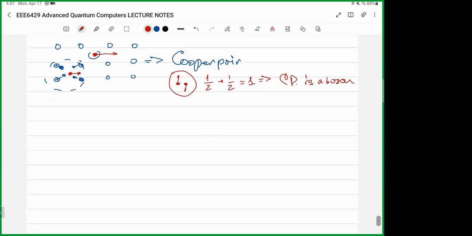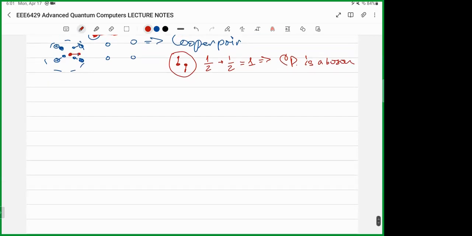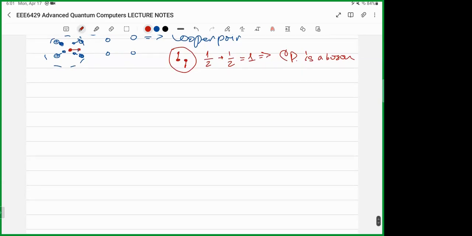So it's difficult to follow, to understand, but the logic is pretty simple. So let me draw this down here. So Cooper pairs are bosons.